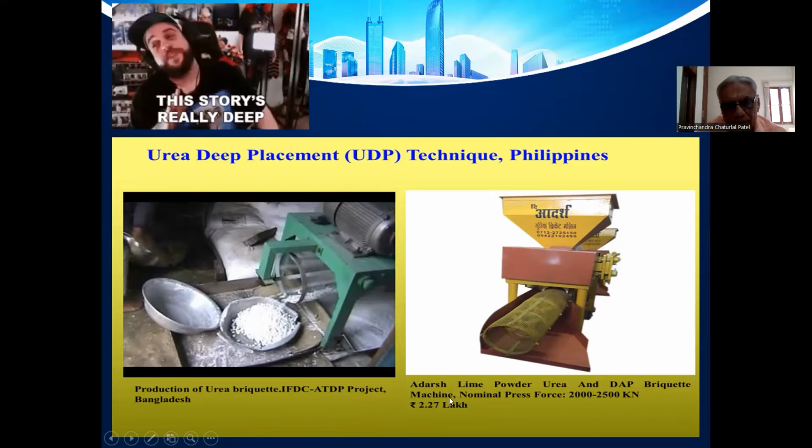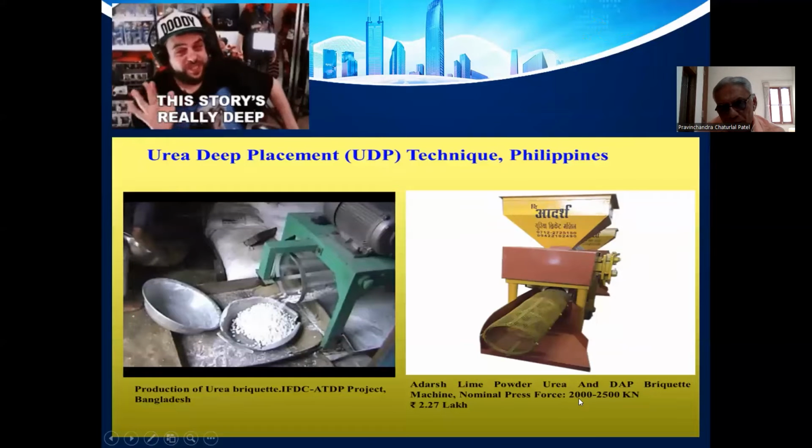Then one company makes lime powder, urea and DAP briquette machines. The nominal price was 2,000 to 2,500, and the cost of this machine is 2.27 lakhs.